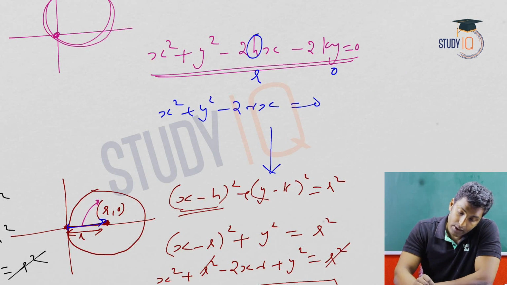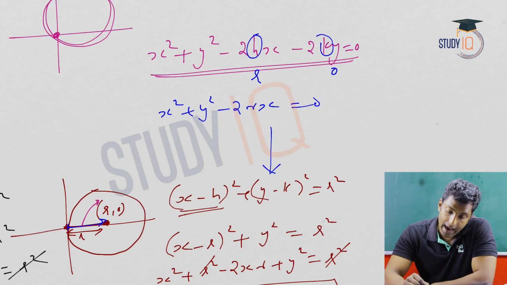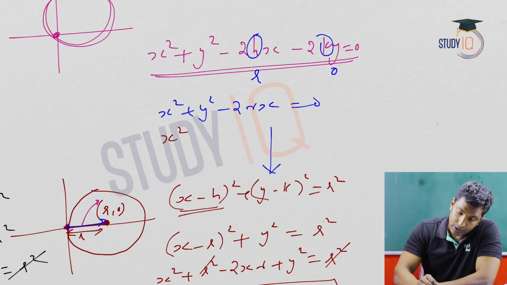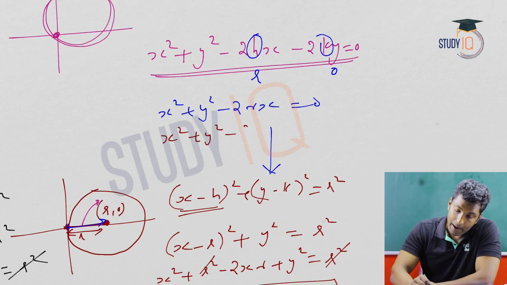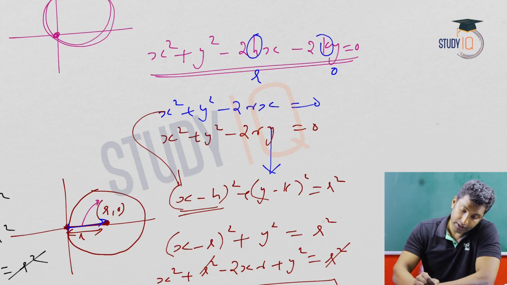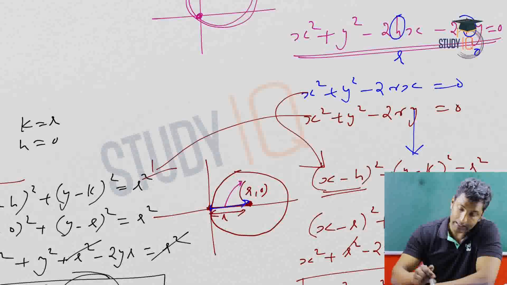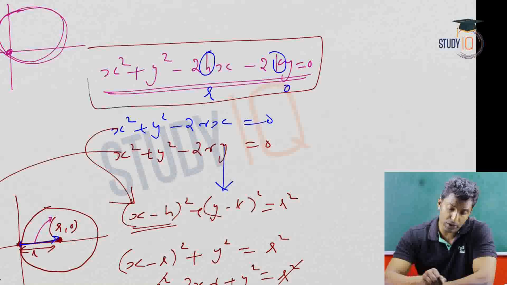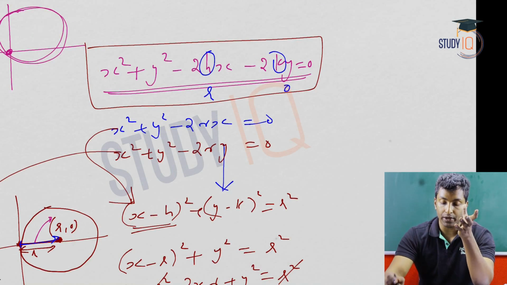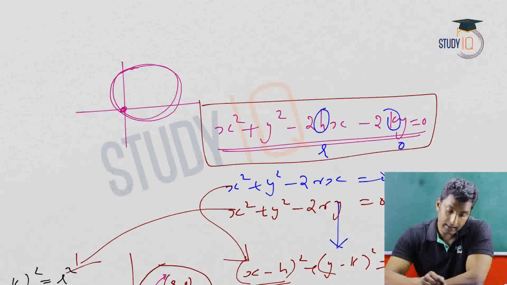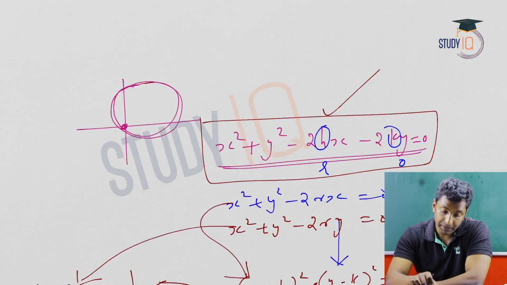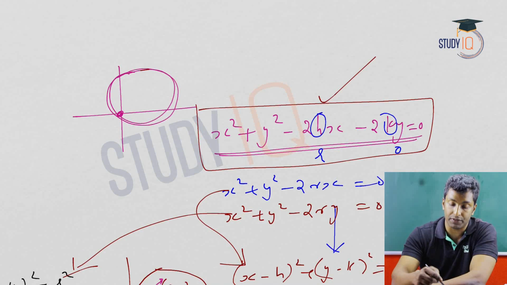Similarly, h is equal to 0 and k equal to r, what you will get? x square plus y square minus 2ry equal to 0. So this is this equation, this is this equation, right? So from here also you can get the answer just by substituting. The moment you understood this case, this is your equation, right? And now you can write these two as special cases of this one, right?